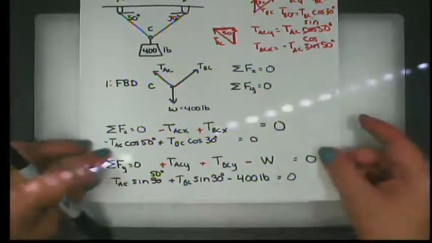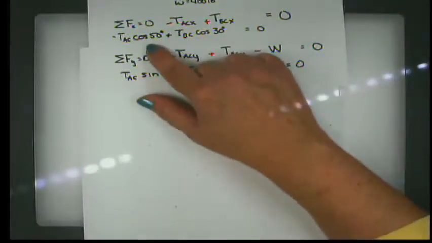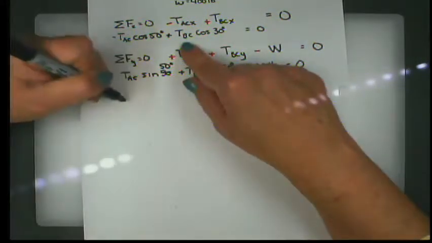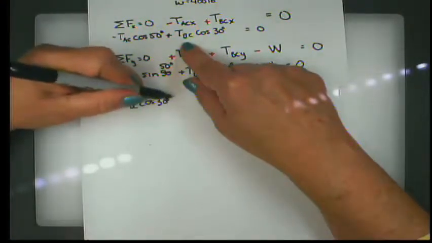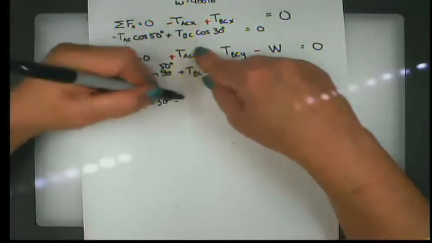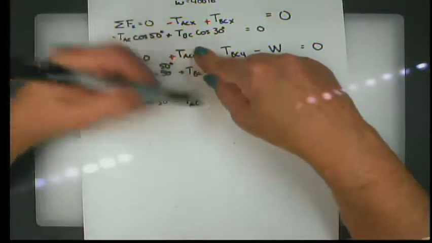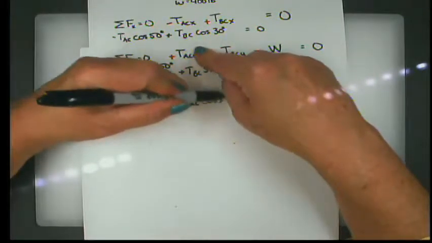Right. So I'm going to take my x direction equation, and I'm going to solve this for TBC. So TBC times the cosine of 30 degrees equals, because I'm going to bring this term over to the other side, TAC times the cosine of 50 degrees.